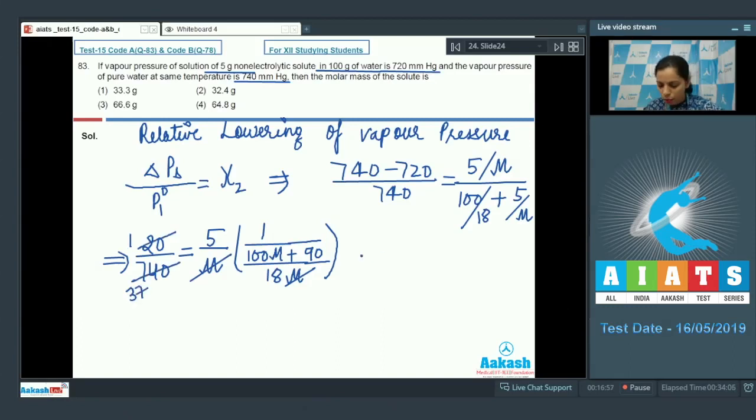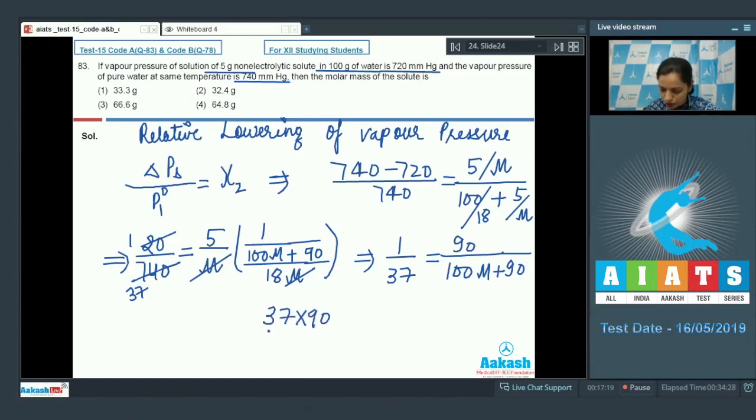Now it can be simplified by writing 1 by 37 is equal to 5 into 18, that is 90, upon 100M plus 90. Now just solve this for the value of M. This would be written as 37 into 90 equal to 100M plus 90.